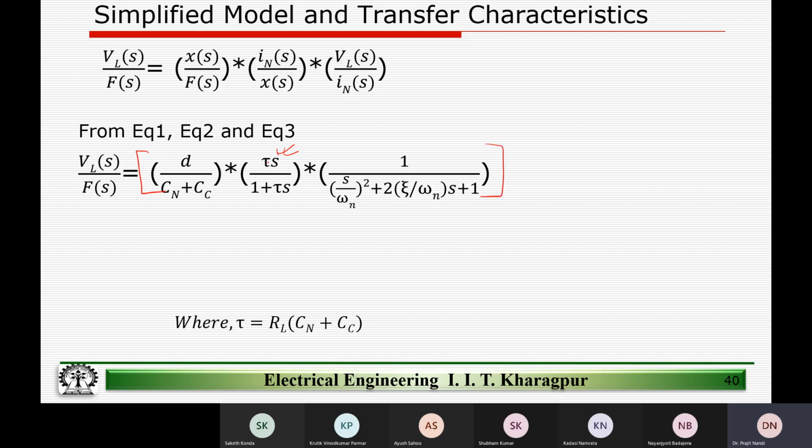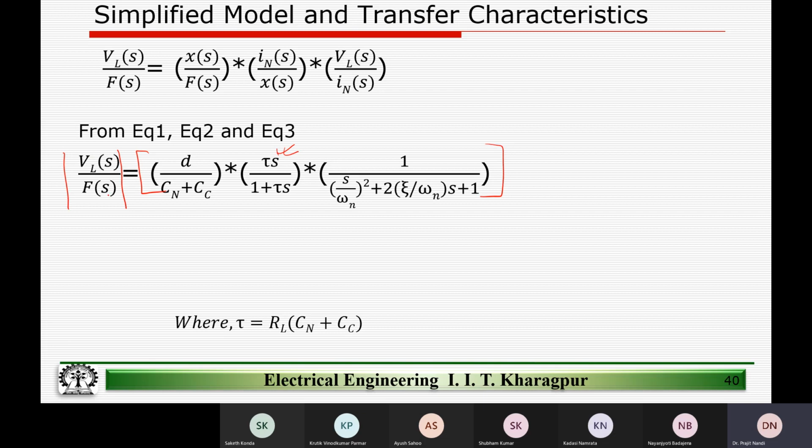I'm representing the complex function algebraically with s to make my life easy, because algebra is easier to deal with than complex numbers. We can do all the algebraic equations and then replace s equal to j omega to see the magnitude and the phase. Both are important. But my question is, what will be the magnitude?